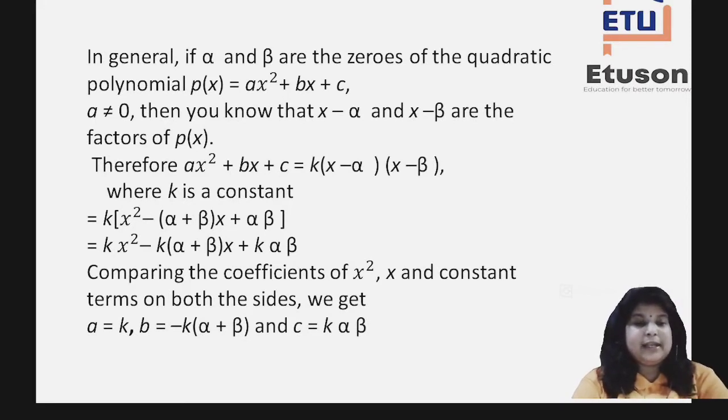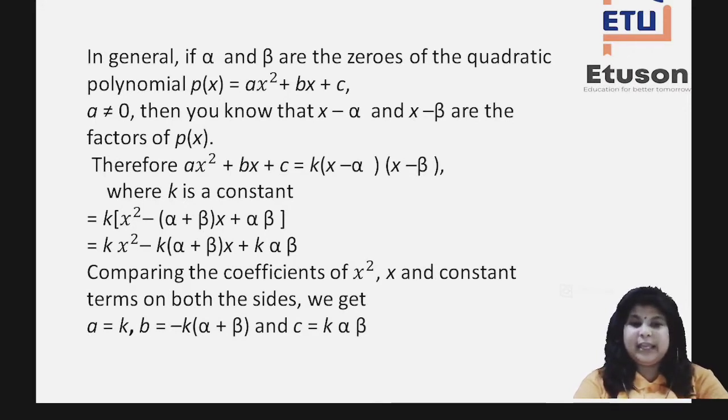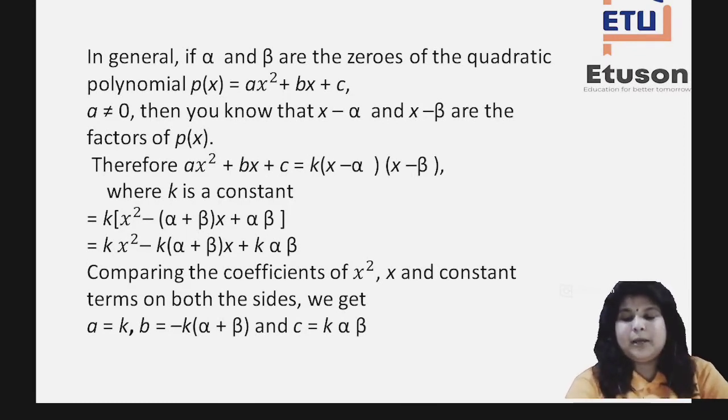So we can write it in this form: k into the polynomial, that is equal to x square minus alpha plus beta into x plus product of the zeros, that is alpha beta. So if you open up the bracket, it will be kx square minus k into alpha plus beta into x plus k alpha beta. So comparing the coefficients of x square and x and constant terms on both sides, we get a is equal to k, b is equal to minus k into alpha plus beta, and c is equal to k into alpha beta.